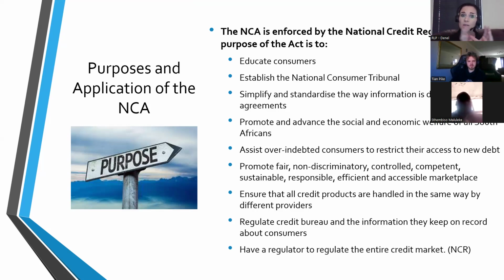So when someone applies for credit, they apply with a credit provider, right? But the credit provider is obligated to check with the credit bureau whether this consumer can actually afford the credit or not. Okay. So not only do they regulate the credit bureau, but they also regulate the information that they keep about consumers, to see whether the information is true or not.